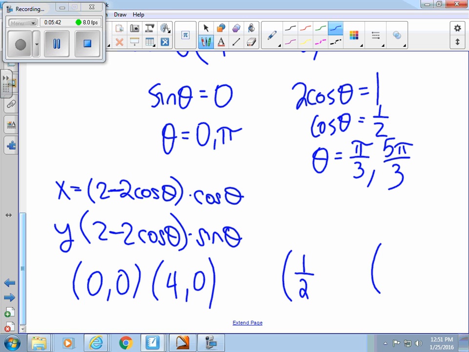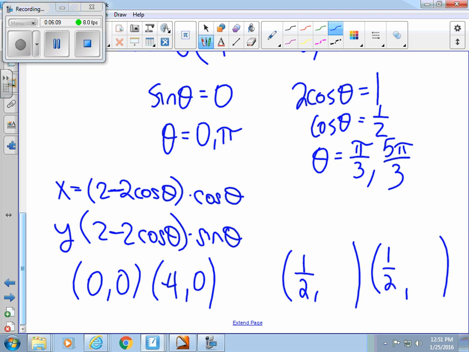Yes. And 1 half again for both of those x values. Check that, make sure I'm right. Since cosine equals a half, it's going to be the same for both of those.